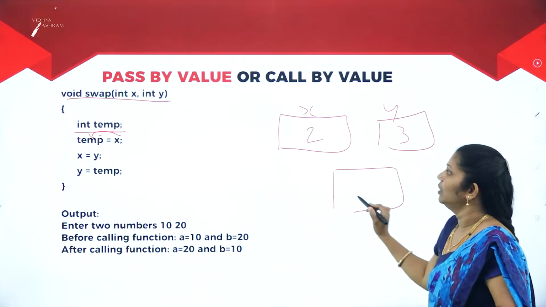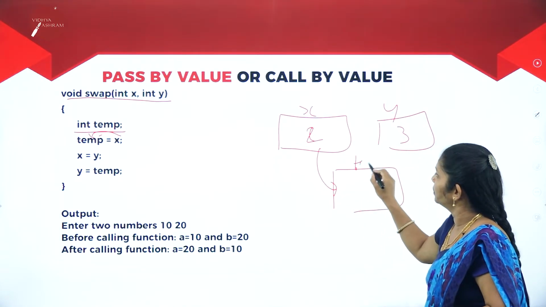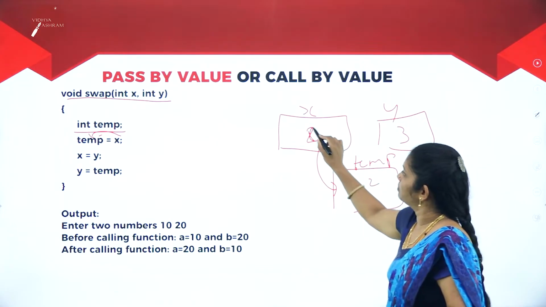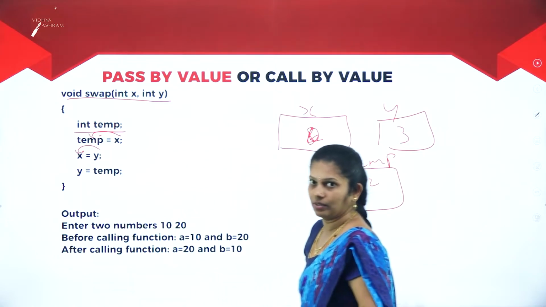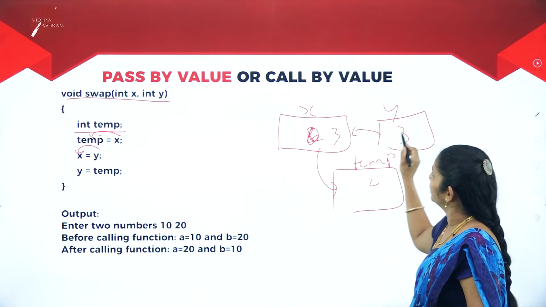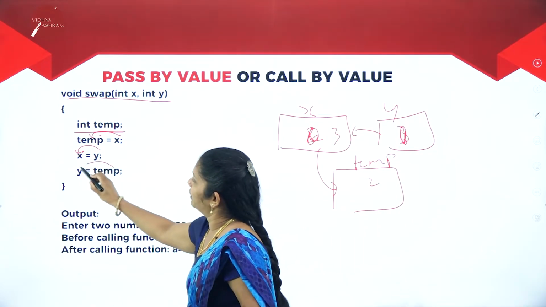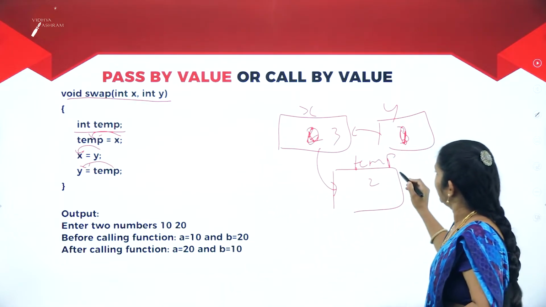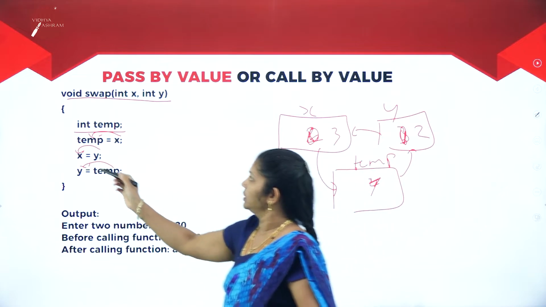First step, whatever is in x, we move to the temporary place, 2. Now this place becomes free. Then whatever value is in y, we move to x. This value we move here. Now this place becomes free. Then whatever is in the temporary, we move to y. The temp value we move here. Now this place becomes free. Then finally, close this function.